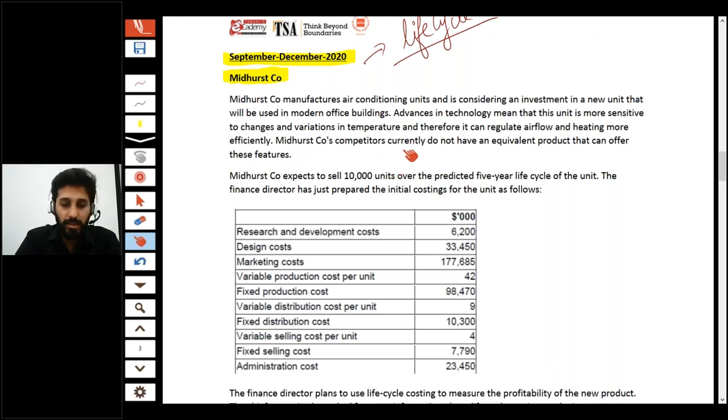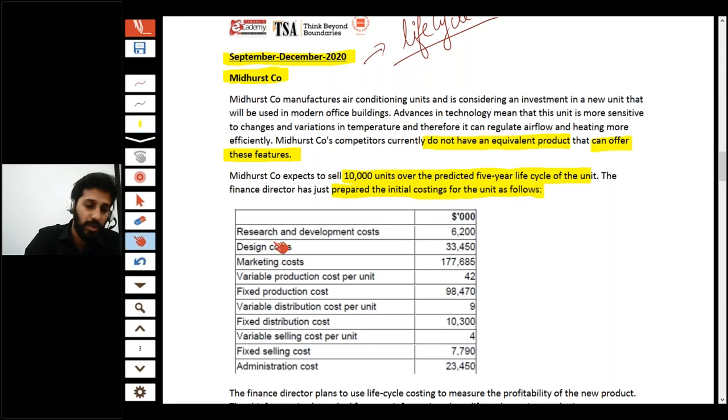Midas company competitors currently do not have an equivalent product that can offer these features. Midas company expect to sell 10,000 units over the predicted 5-year life. The finance director has just prepared the initial costing for the unit as follows.